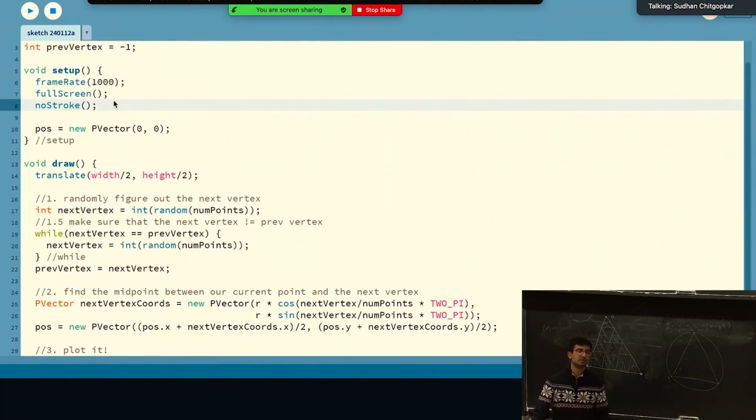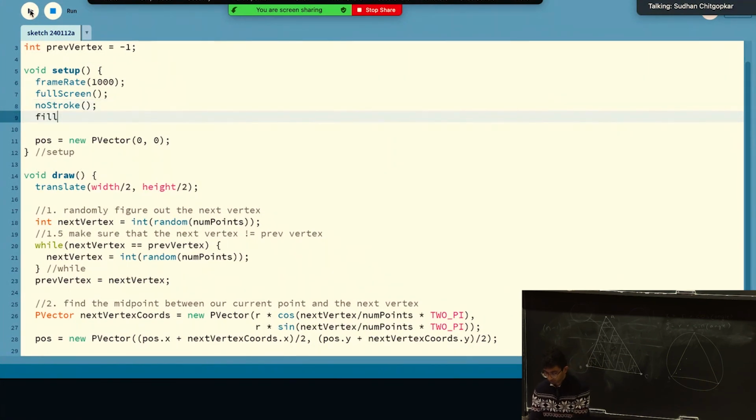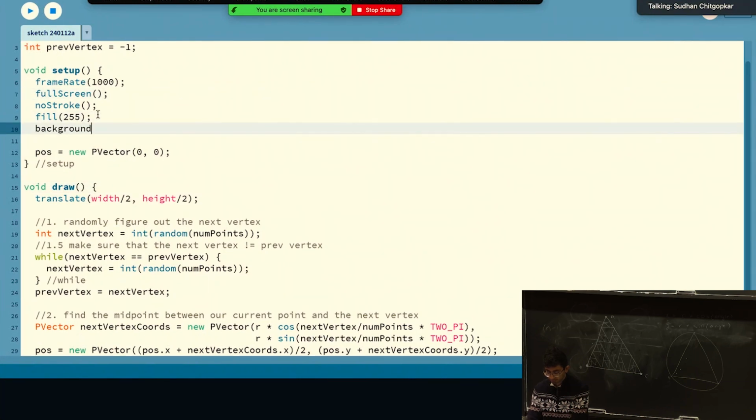All that does is, whenever you draw a circle or any basic shape in Processing, it has a stroke which defines the outline of the shape, and then a fill color which defines the inside. I just don't want an outline on any of these. Oh, and our fill color should be white on a black background. So background is black, our fill color is white.